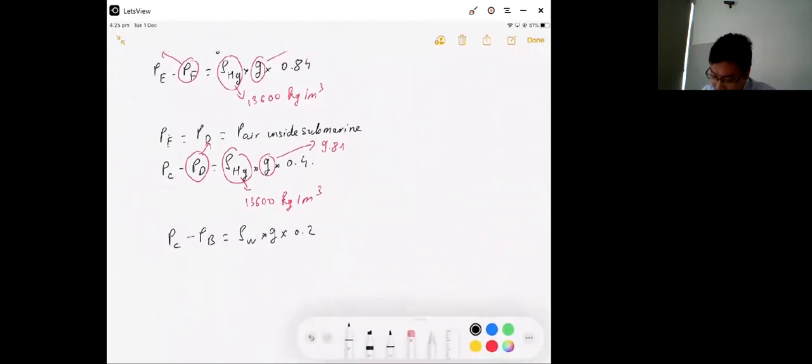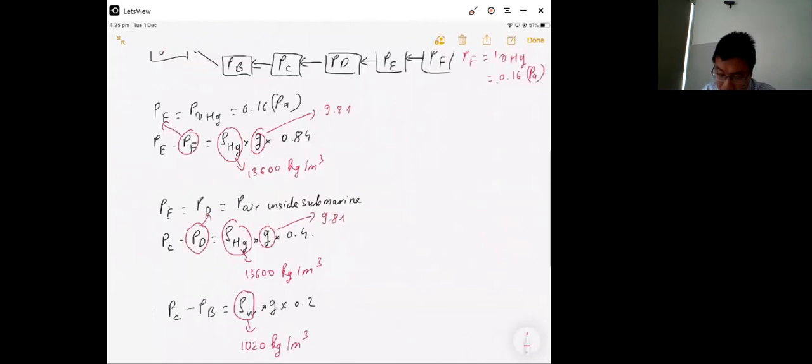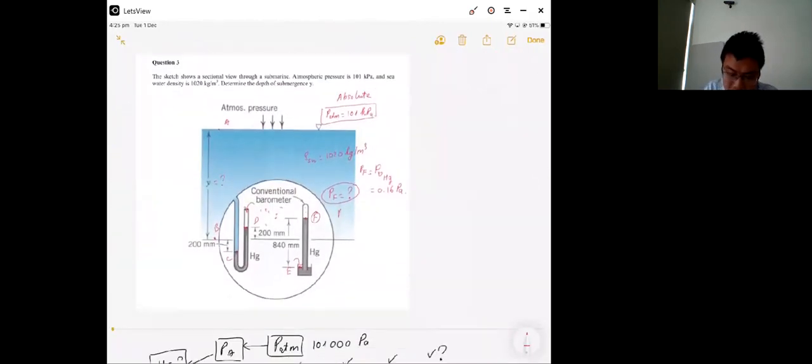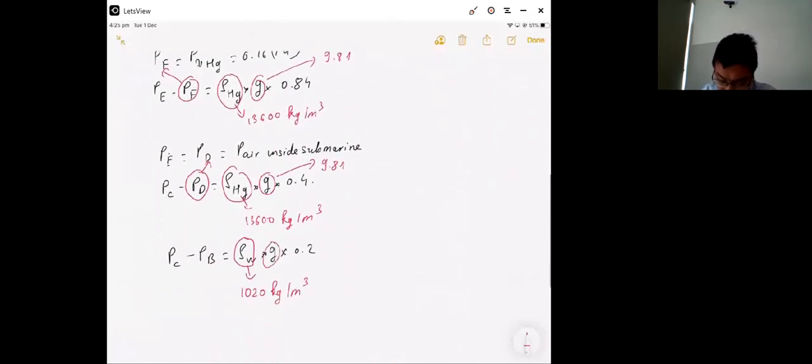The density of seawater in this question is 1020 kilogram per meter cube. g is 9.81. And PC from this one. So from this equation, you have PB. Got it?